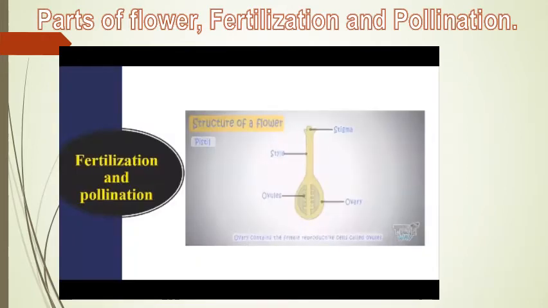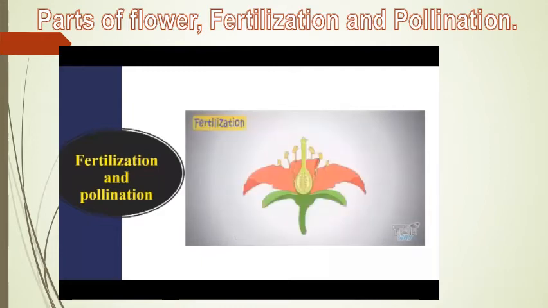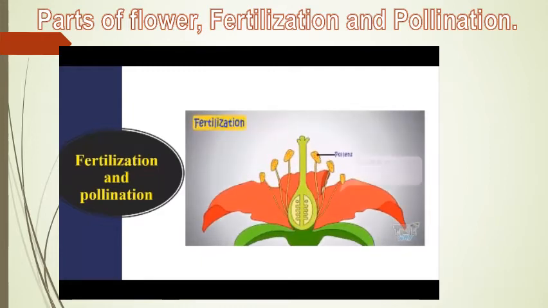Fertilization and pollination. Watch a video of fertilization and pollination and note the important points on how fertilization and pollination occur in plants. Let's start. When pollens from the anther of the stamen join with the ovules present in the ovary, we call it fertilization. Let's revise.